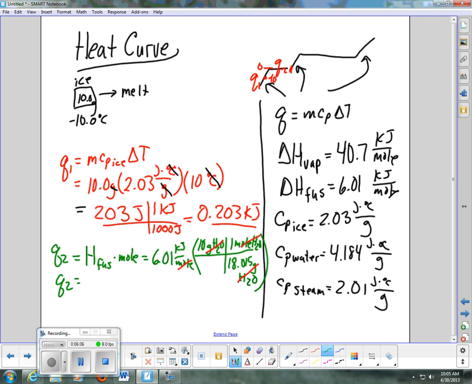What do we get? 3.34 kilojoules. Now to get the total amount of heat I need, all I have to do is go Q1 plus Q2. So I'm going to take 0.203 kilojoules and add to it 3.34 kilojoules, and I get what?